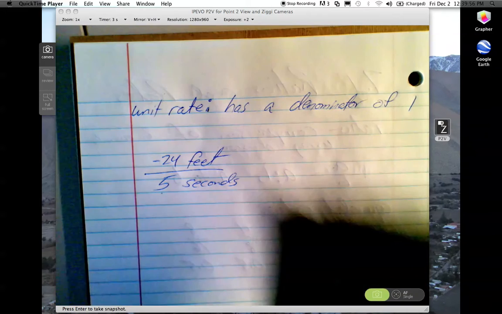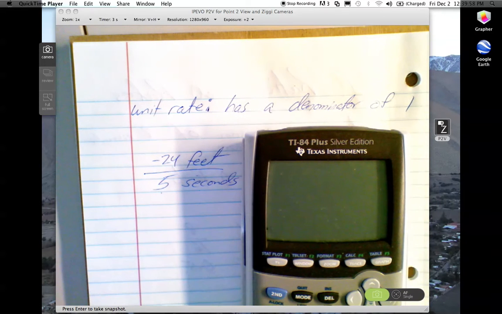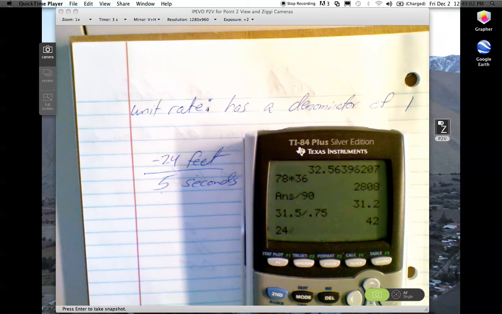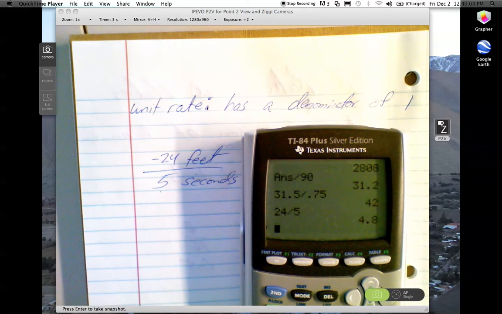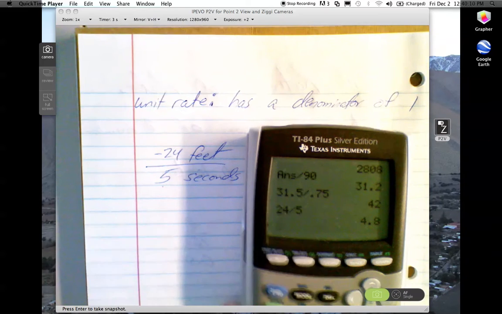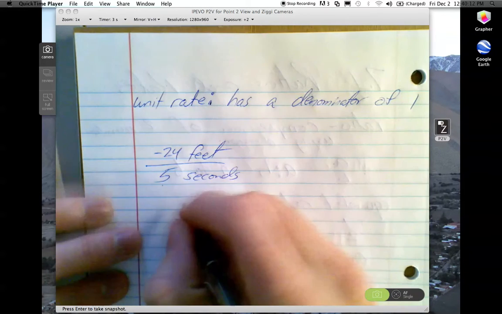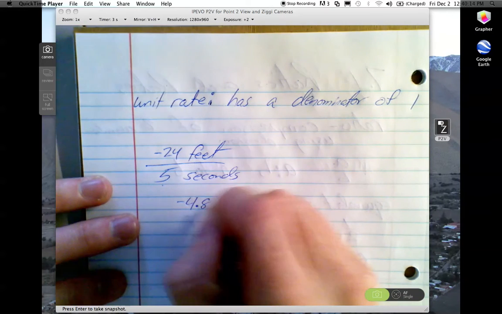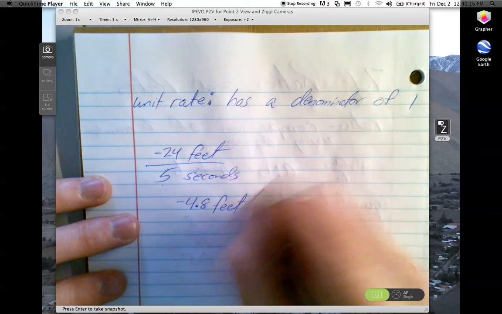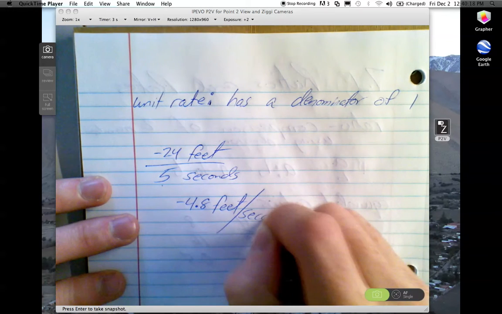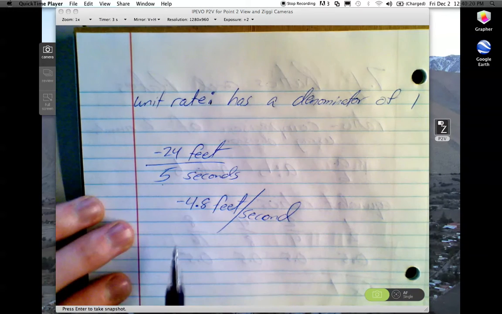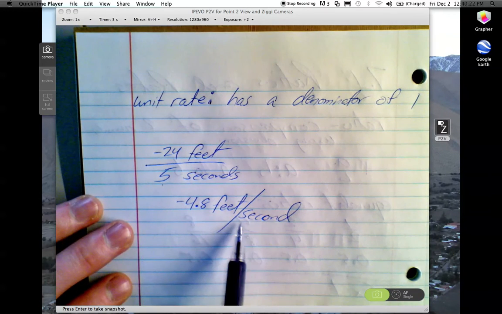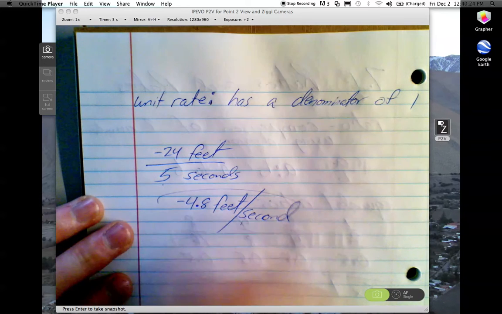So grab out your calculators at this point, and we're going to say 24 divided by 5 equals 4.8. So remember that I had a negative 24, so this will be negative 4.8 feet per second. And that is my unit rate because I'm talking about it in terms of only 1 second here.